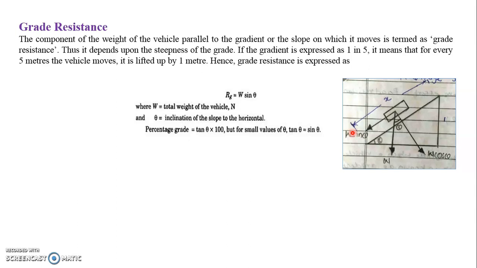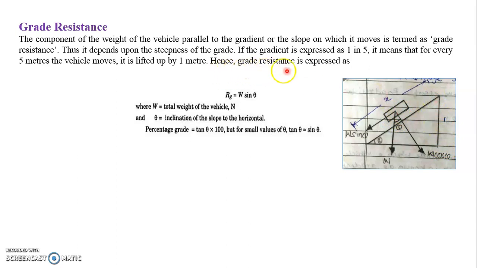If the gradient is expressed as 1 in 7, it means that for every 7 meters the vehicle moves, it is lifted by 1 meter.